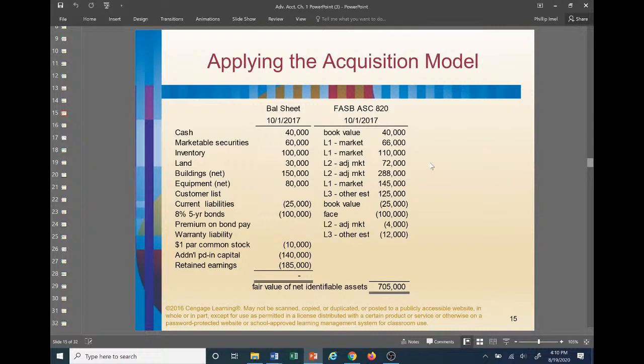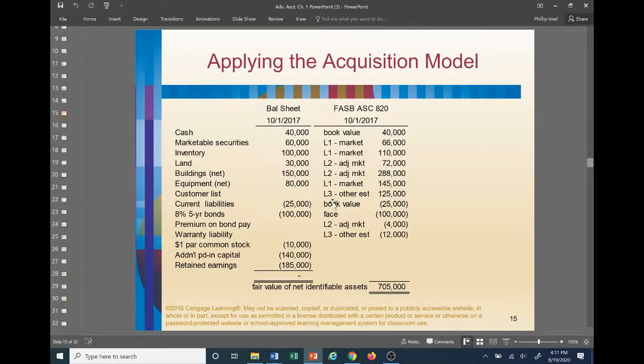Level 2 is going to identify assets that are similar or pretty much identical in nature that are traded on a market. They're just similar, but those are traded. So that's what level 2 is. So land obviously is going to be level 2 adjusted market.